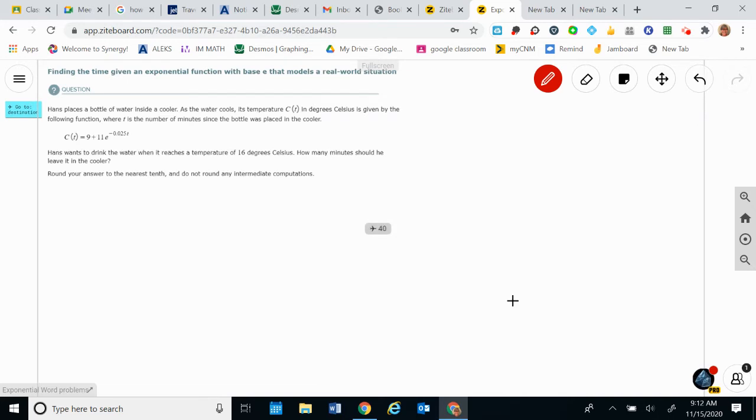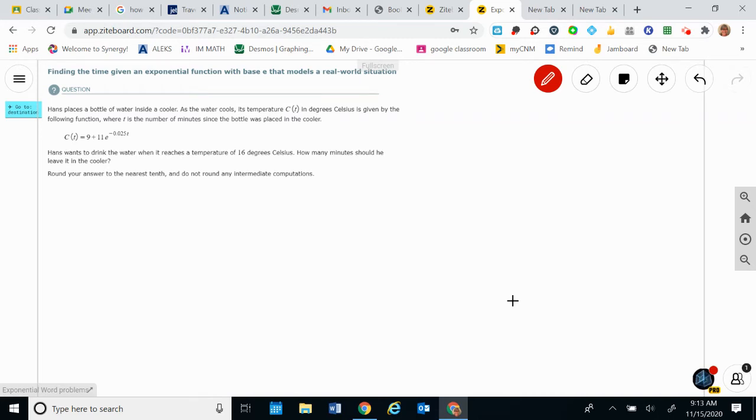Let's try this one. It says finding the time given an exponential function with the base e. The only difference between this and the problem before is that now you're going to be using ln instead. So again, always go back to formula, substitution, resolution. Hans places a bottle of water inside a cooler.